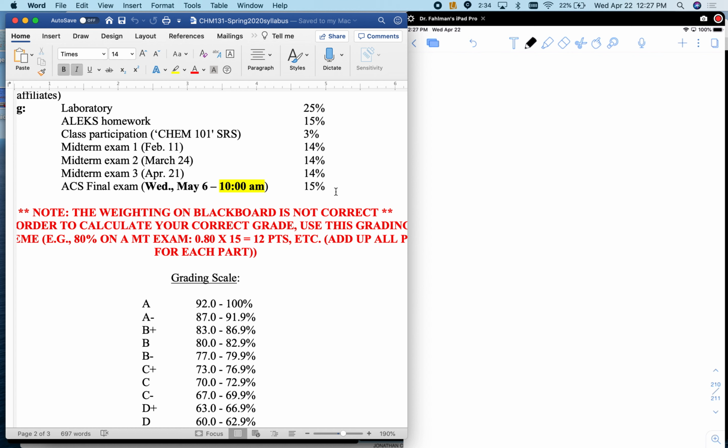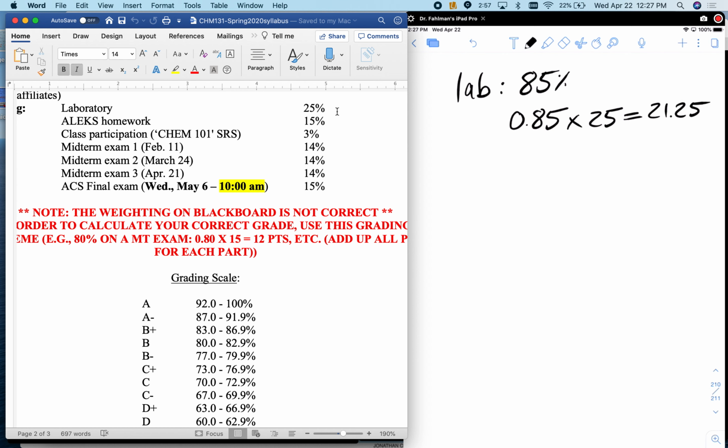Let's say you have an average of like 85%, and that's all your lab reports. So then what you do is take 0.85 times 25, because your lab is worth 25%. Okay, and so 0.85 times 25 is 21.25.